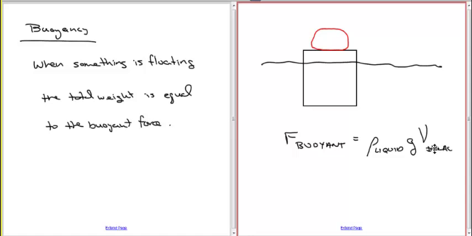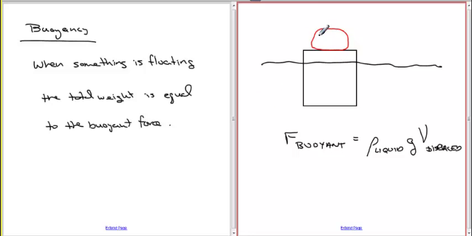So, if this thing's floating, then the buoyant force has to be equal to the sum of the weight of this floaty part and the weight of the non-floaty part. If I took this gold, it would sink.